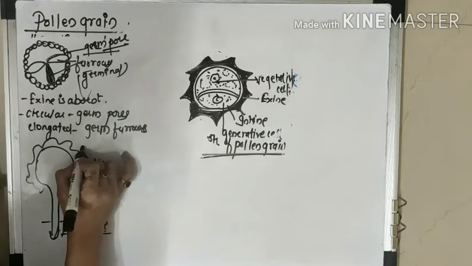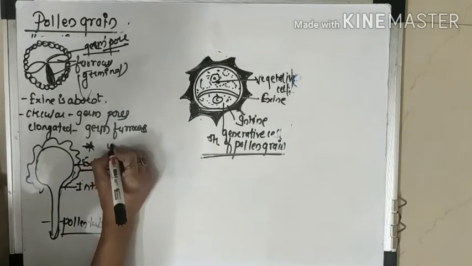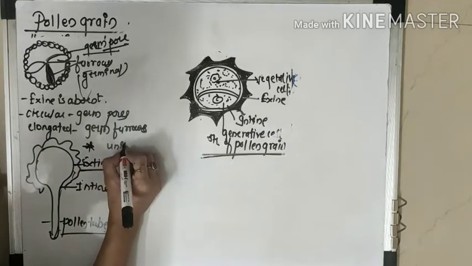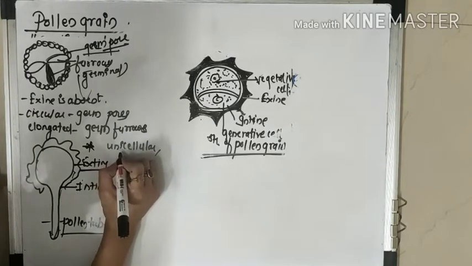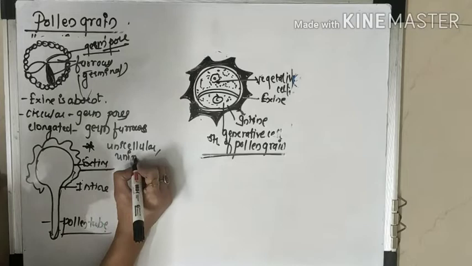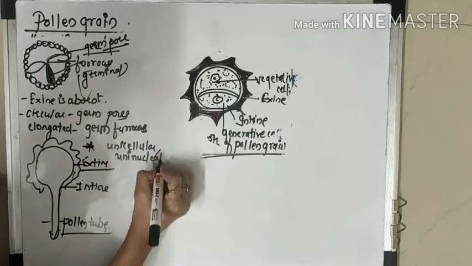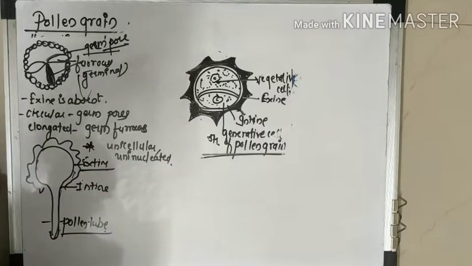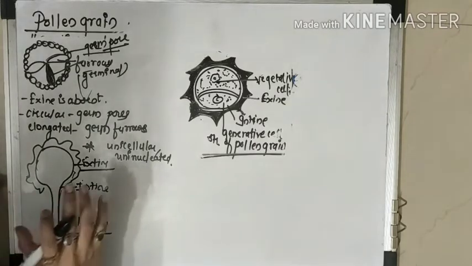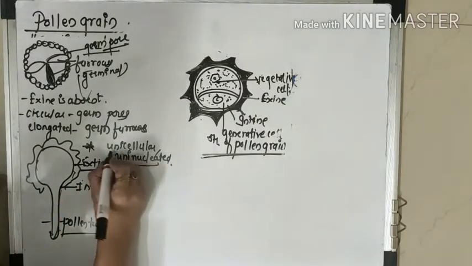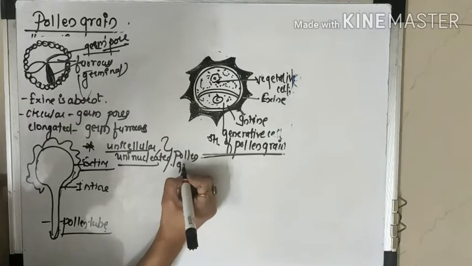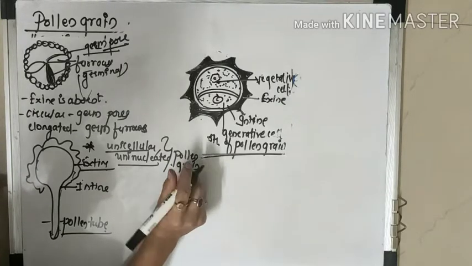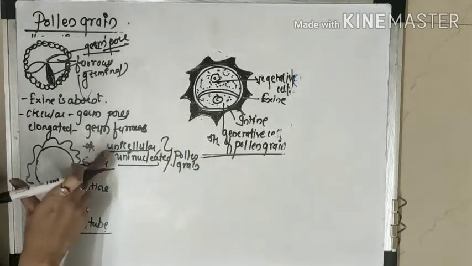Initially the pollen grain, as I already discussed, is unicellular and uninucleate.